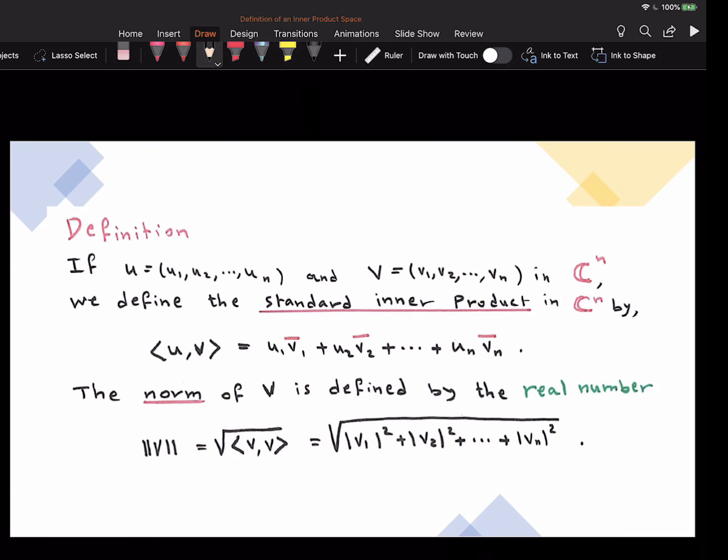The inner product between u and v will be u1 v1 conjugate plus u2 v2 conjugate plus all the way to un vn conjugate. The norm of v is defined by the real number.